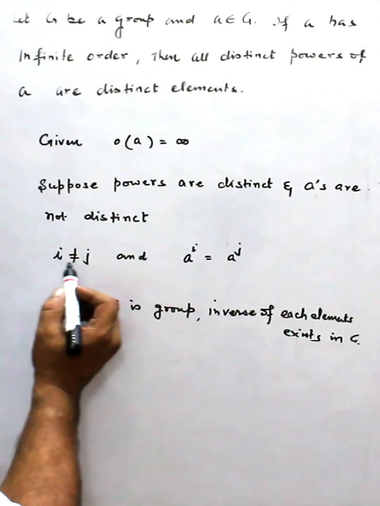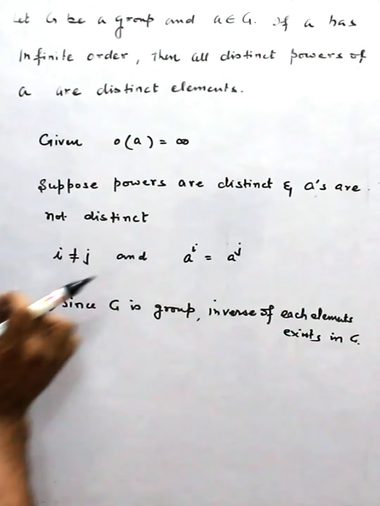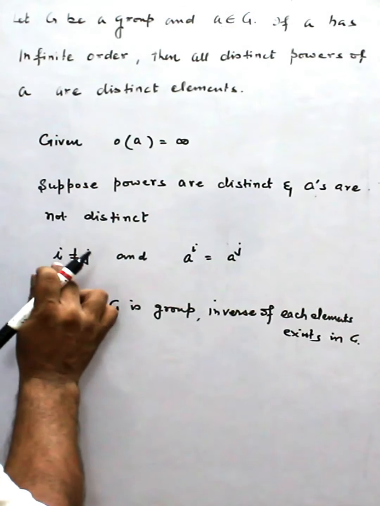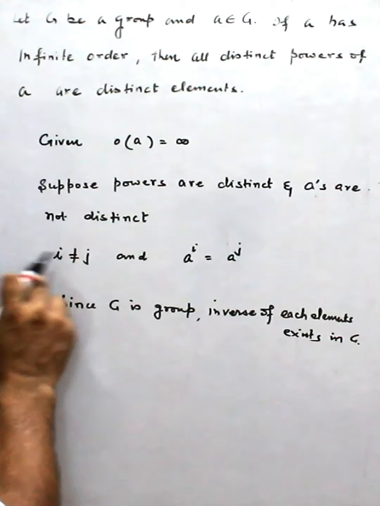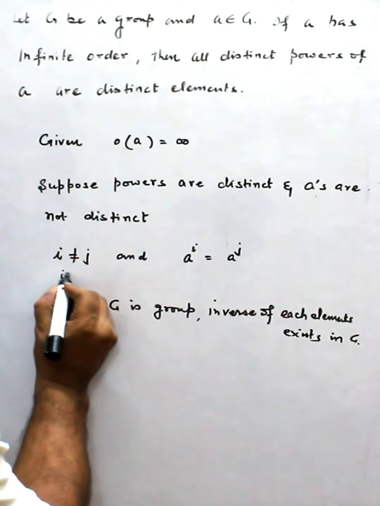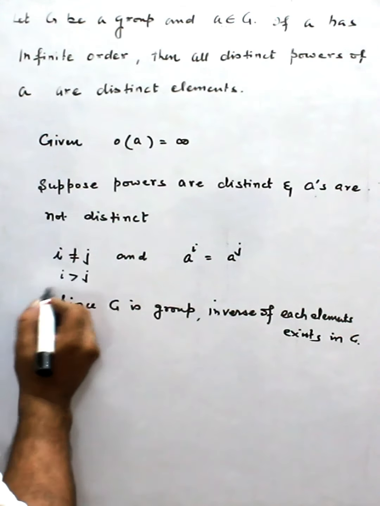And one more thing we can notice here: if I and J are not equal, then either I is larger than J or J is larger than I. So we also suppose I greater than J.